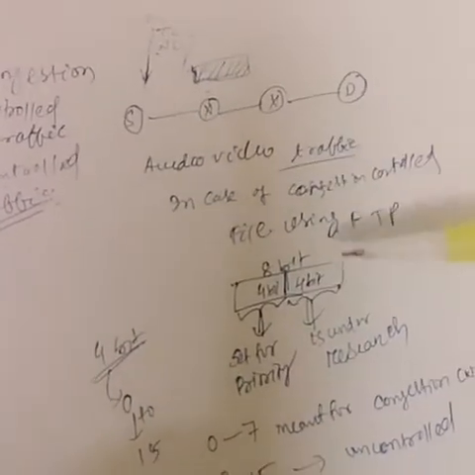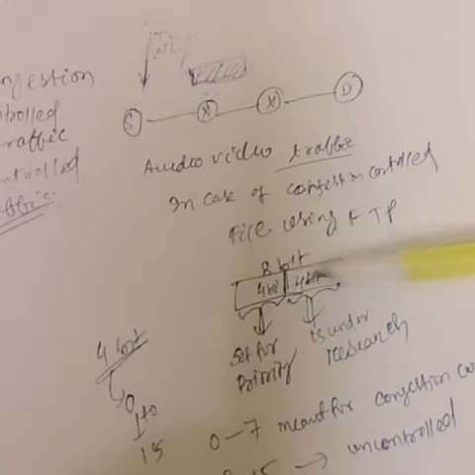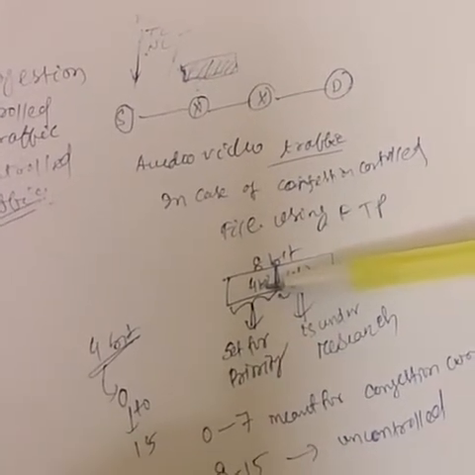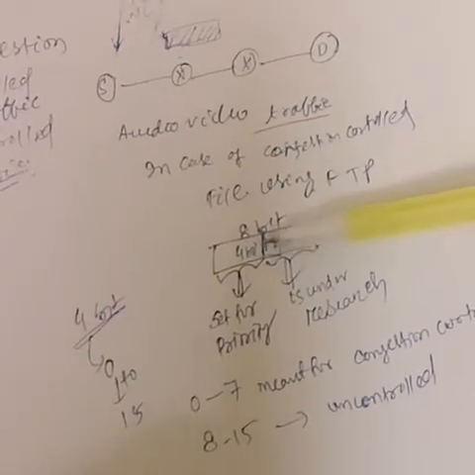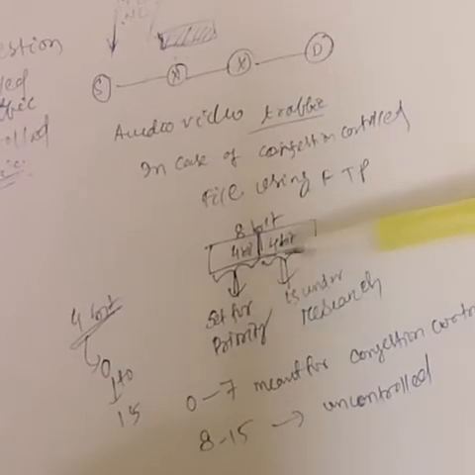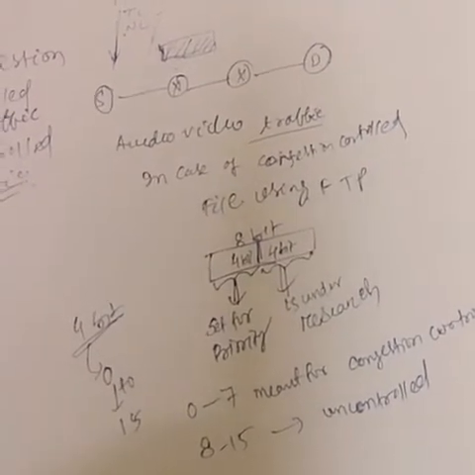Now, I have told you that the priority or traffic class is of 8-bit length. This 4-bit is meant for setting the priority value, and this 4-bit is under research now, right?